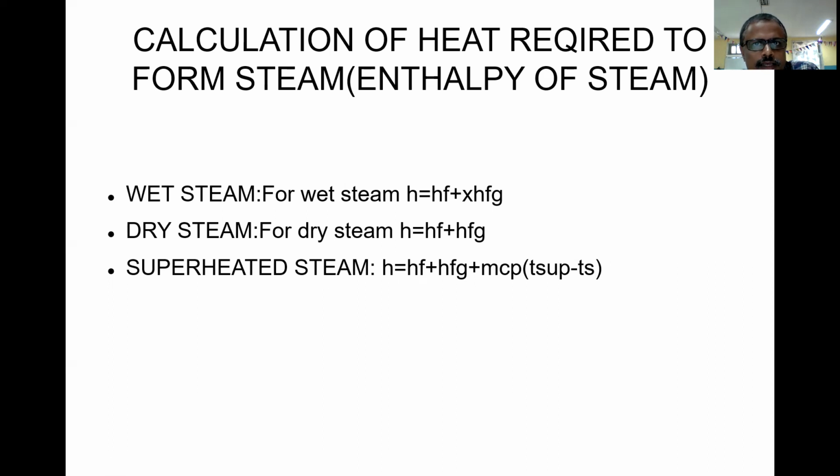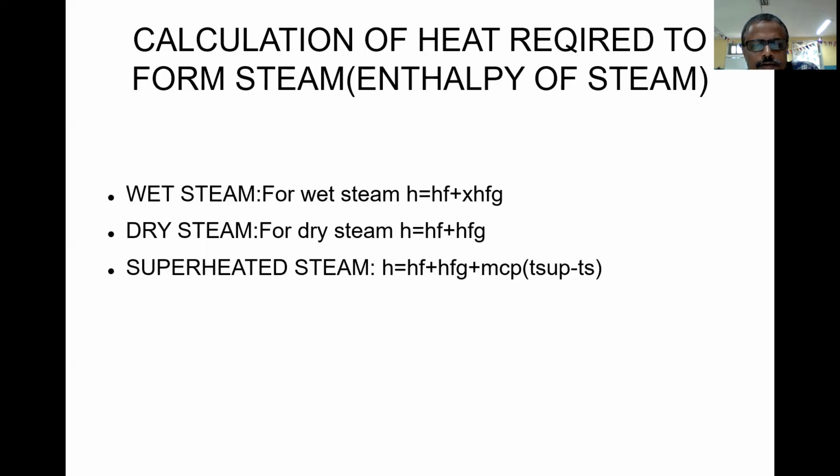So these are the calculations which you are required to know and remember in steam formation. We will understand this terminology in detail when we come to steam tables and also for solving the problems.